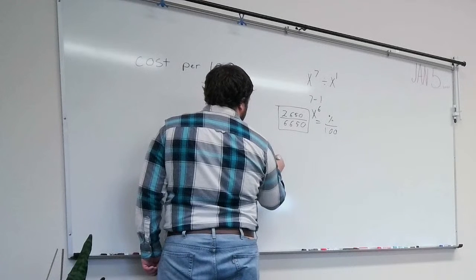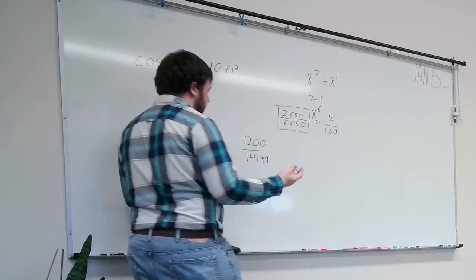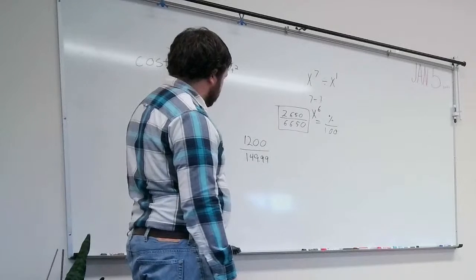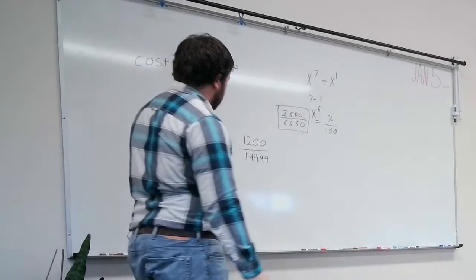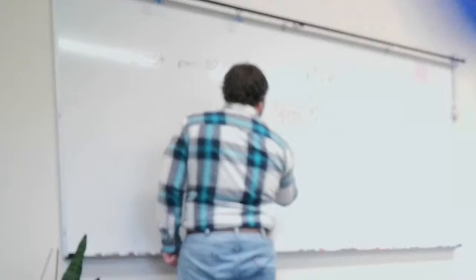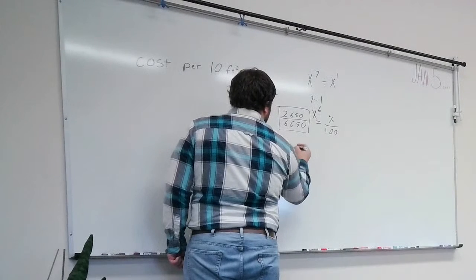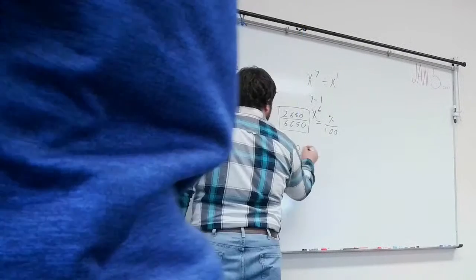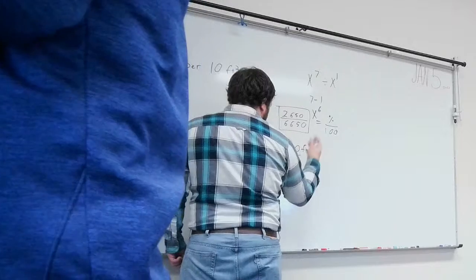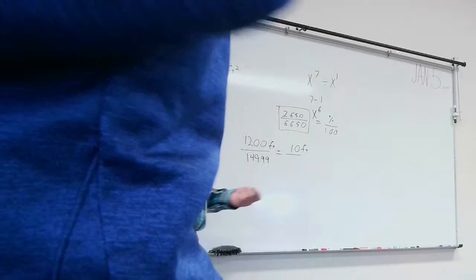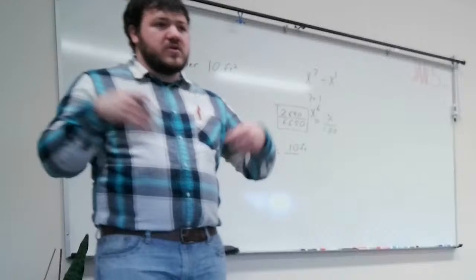So this is the first setup, which is cost per foot. You have to have a proportion for this. So what we do in this situation is we just go 10 over here and solve it. Just make sure that your feet are on the top and your price is on the bottom, or vice versa, it doesn't matter.